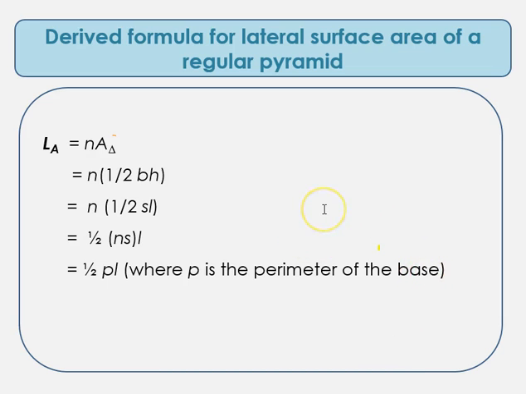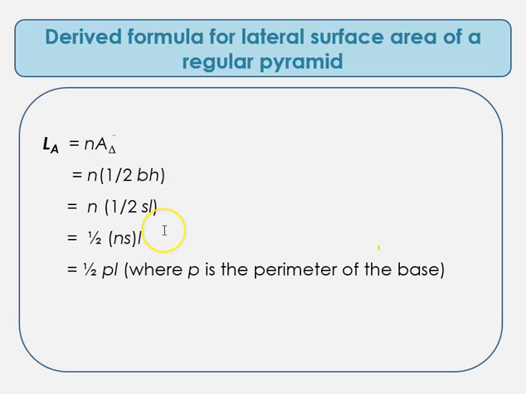So here's one of the formulas we can derive for the lateral surface area of a regular pyramid. This will apply to a regular pyramid, and you will solve for the number of triangular faces times the area of the triangular faces. The area of a triangle is 1/2 BH, so it'll be the number of sides times 1/2 BH.